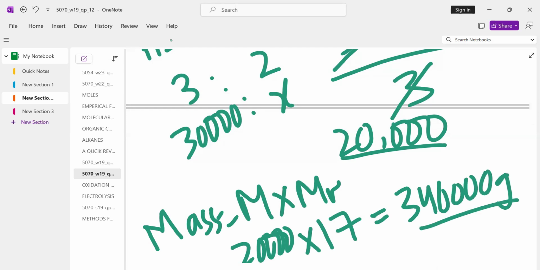Now you can convert these grams into kilograms if you want. You have to divide it by 1,000. 340 is the mass of ammonia.